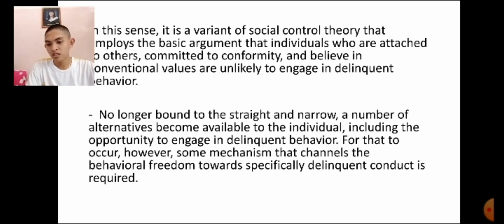So in this sense, it is a variant of a social control theory that employs the basic argument that individuals who are attached to others, committed to conformity, and believe in conventional values are unlikely to engage in delinquent behavior.